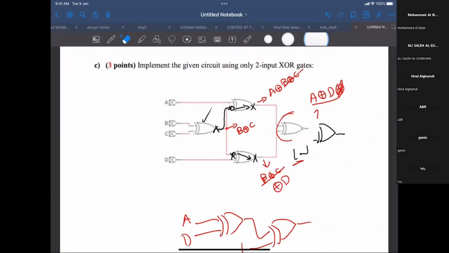Because we use only XOR gates, to invert this output we remove the bubble and add an XOR gate, XORing this output with a 1. Of course, this bubble is no longer there. This is an implementation of the inverter using XOR, because the question restricts you to use only 2-input XOR gates. You cannot use inverters or XNORs.